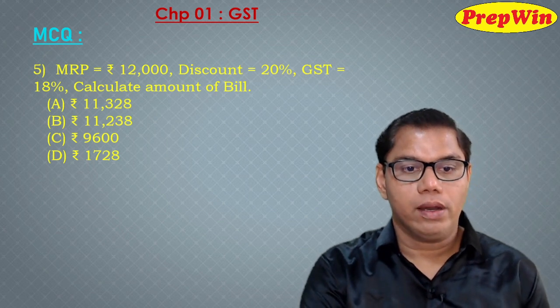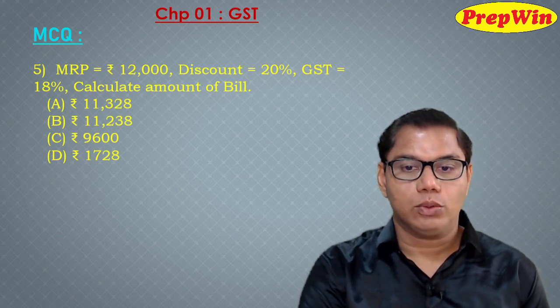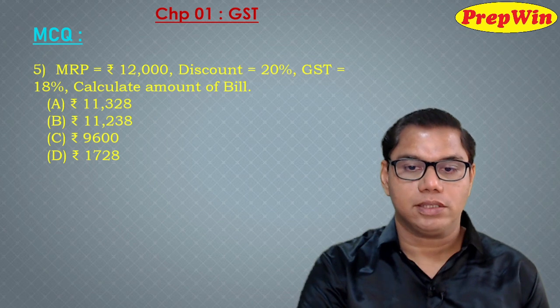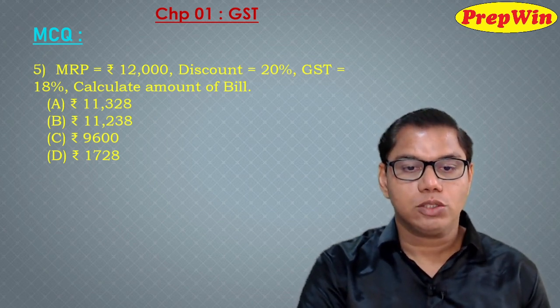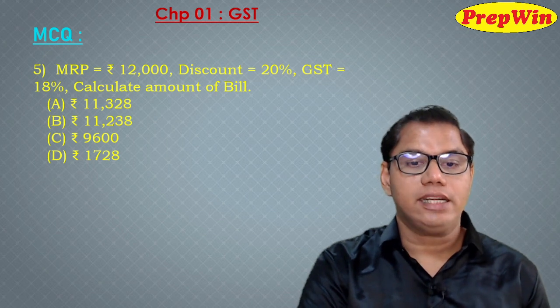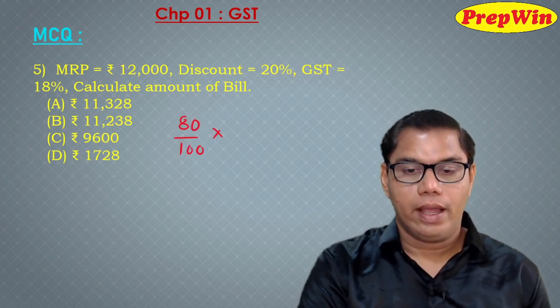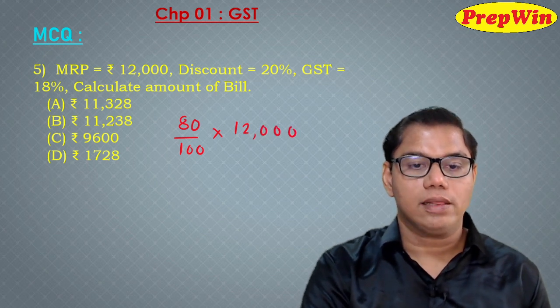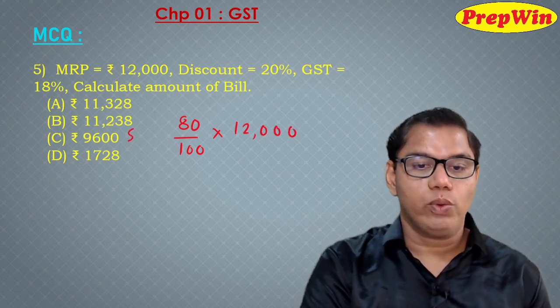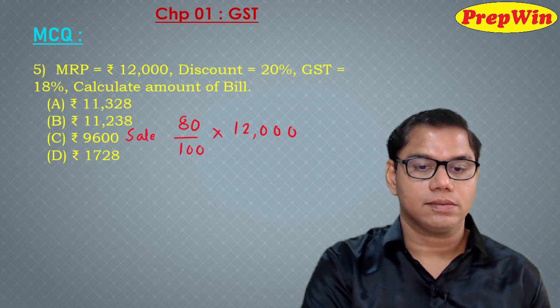So now here MRP is 12,000, discount is 20%. As we use a short trick, the customer is going to pay only 80% of MRP, that is 12,000. So 80% of 12,000, what is this? This will be our sale price.